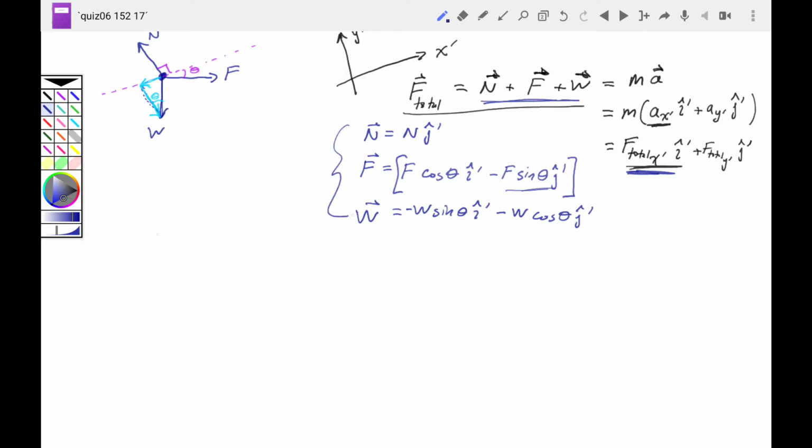So adding all these forces together, I get F total equaling (F cosine theta minus W sine theta) i hat plus (N minus F sine theta minus W cosine theta) j hat.